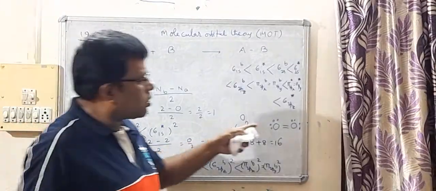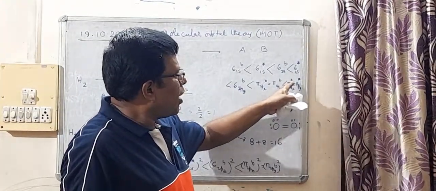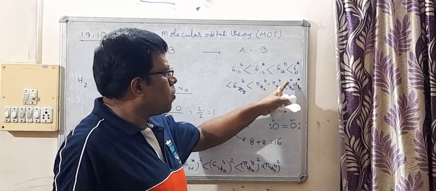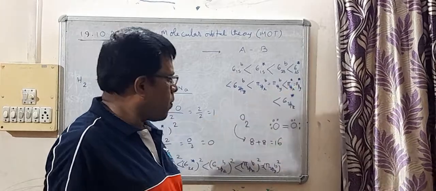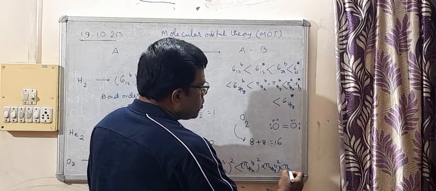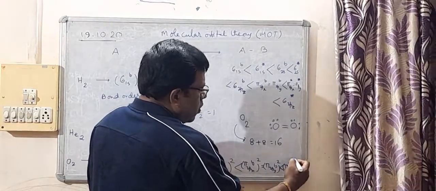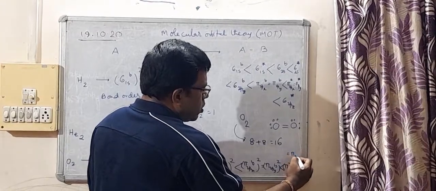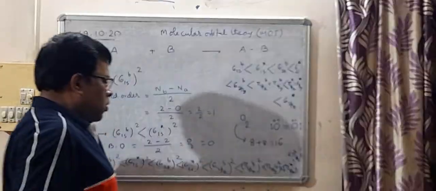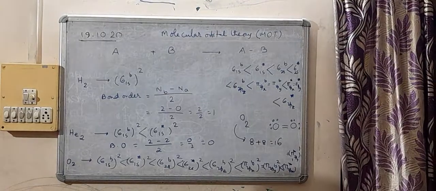That remaining 2 electrons, one will come here and one will come here according to Hund's rule of maximum multiplicity. One here, one here. So it will be pi 2px anti-bonding 1 equal to pi 2py anti-bonding 1.